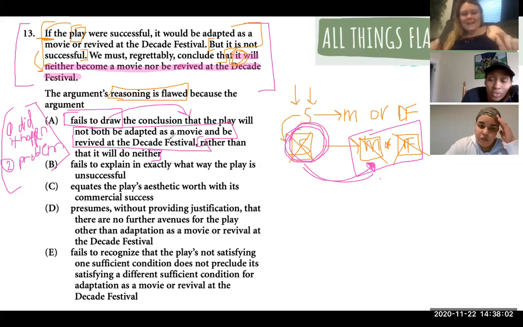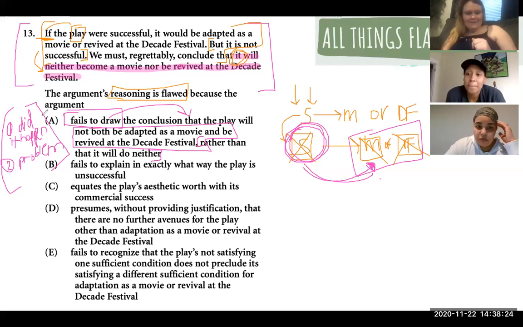The problem is not that we did not draw the conclusion that the play will be both of those things, right? Is that the problem? No. Sorry, that's really worded. I hate when it has fails, not in them both, rather than. So do we see why that one's wrong?